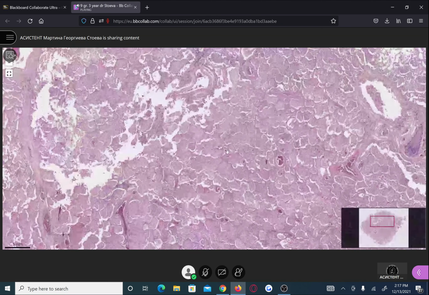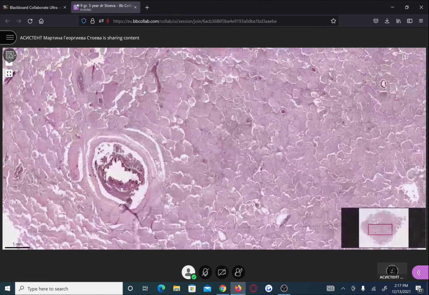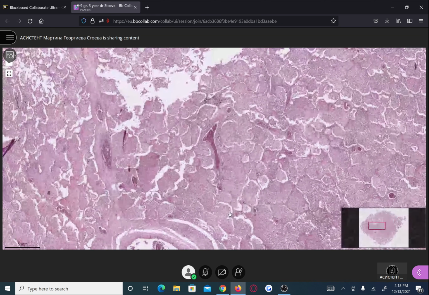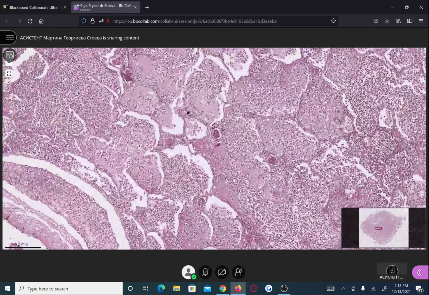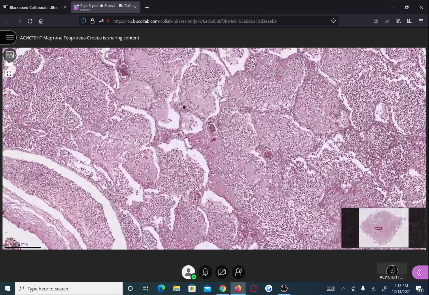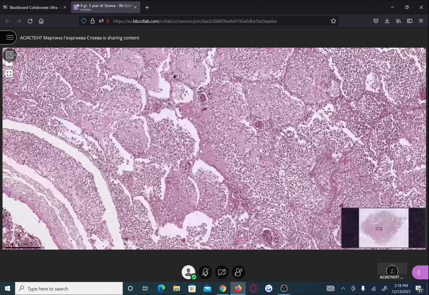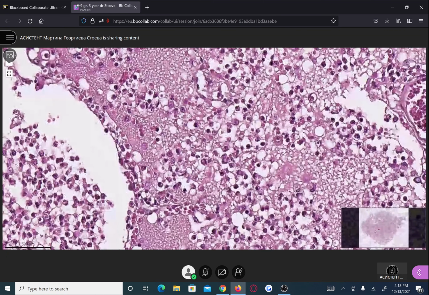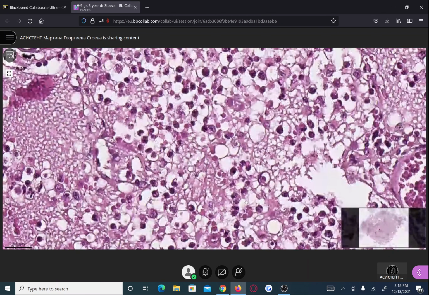And then we concentrate on the appearance of the alveoli. We already mentioned that they are all filled with exudate. When we zoom in, we can see that this exudate is composed of a meshwork of fibrin strands intermixed with inflammatory cells.